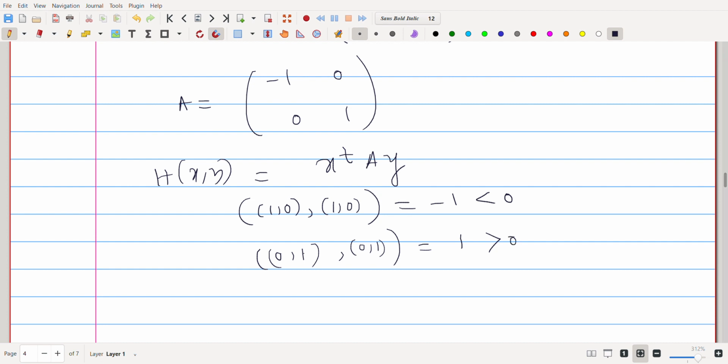So this satisfies the given condition, but A square is non-zero.